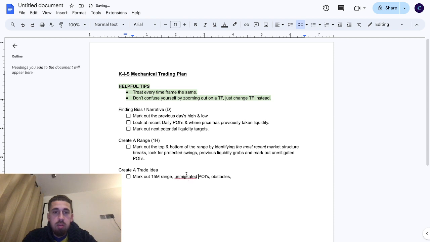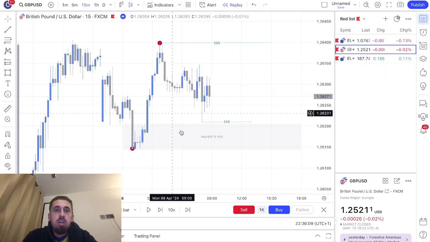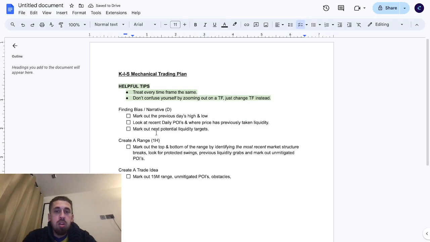Sorry, that needs to be said. Internal and external liquidity targets.